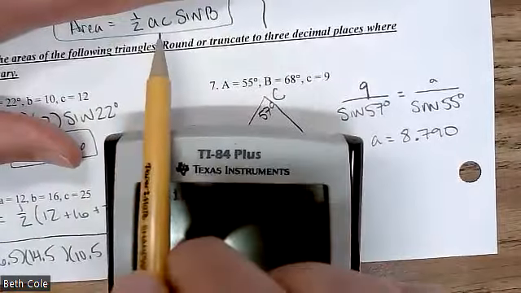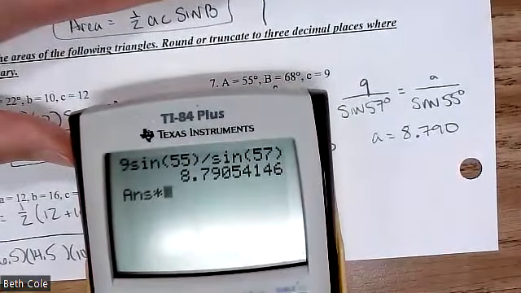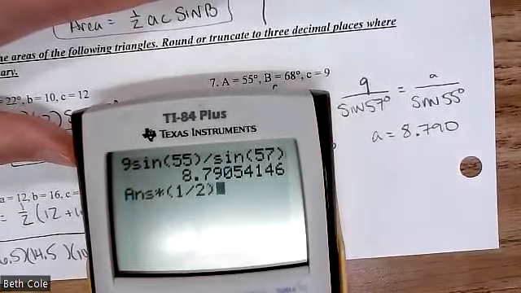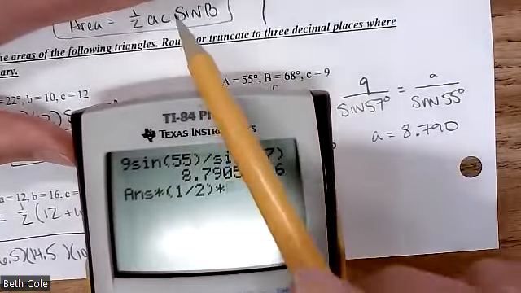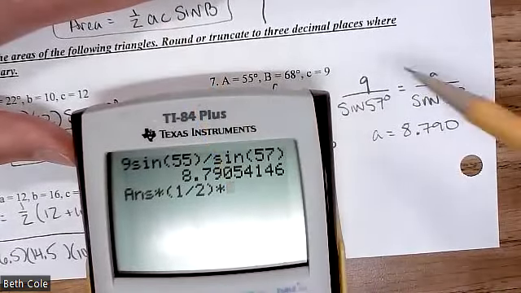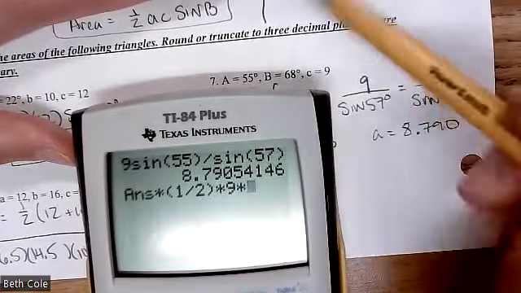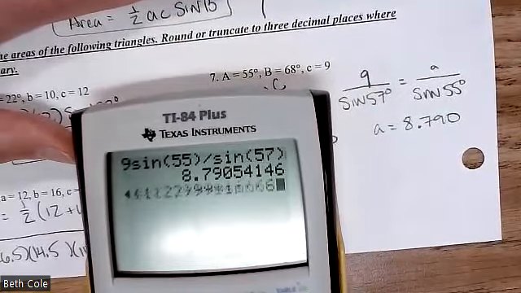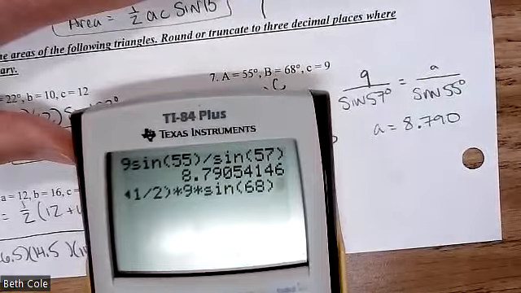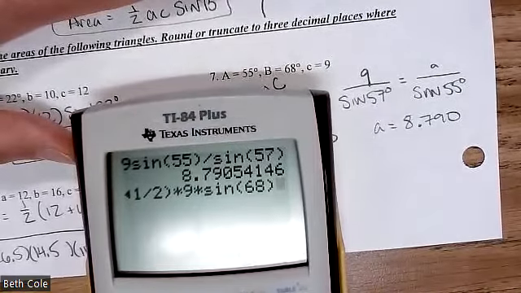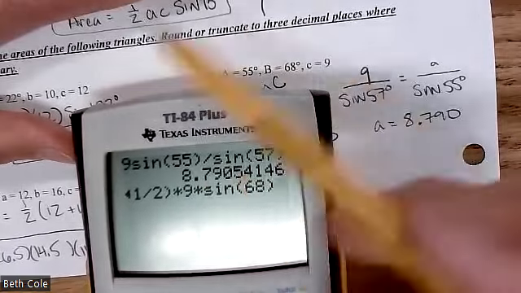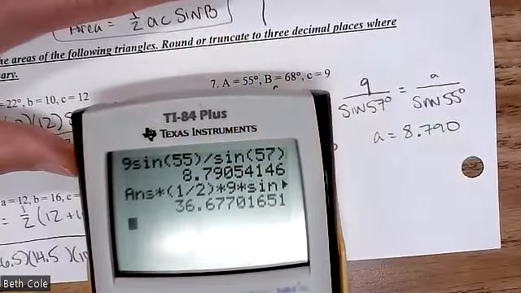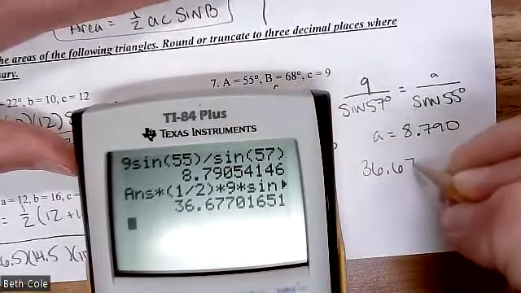Just hit times, and multiply that by 1/2, and then times C, which is 9, and then times sine of B, which is 68. If you already have it sitting there, just multiply it by the other stuff and you won't have to store it. So 36.677.